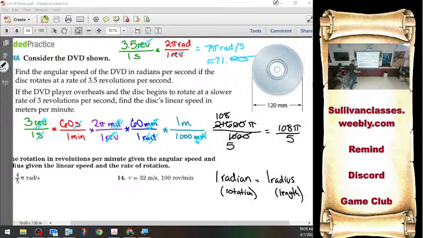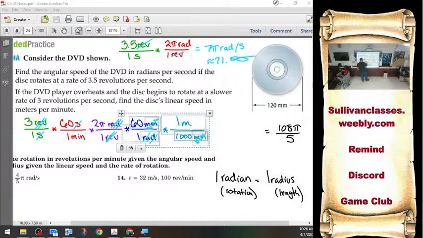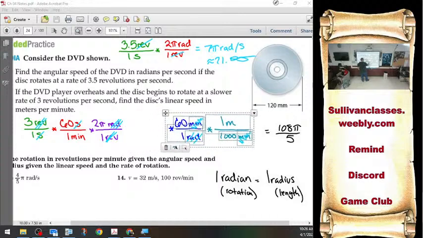Now, what some books will do, what some kids need to do, is they need a pit stop in between here.